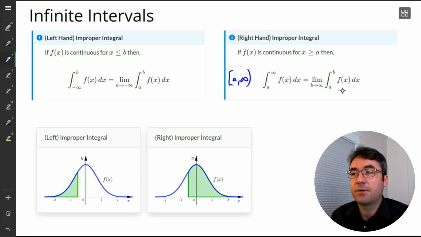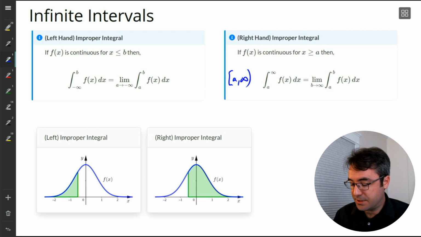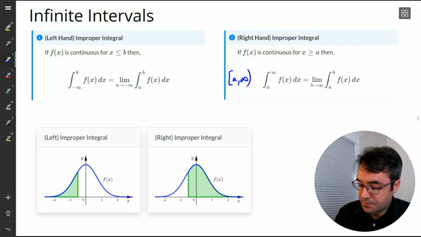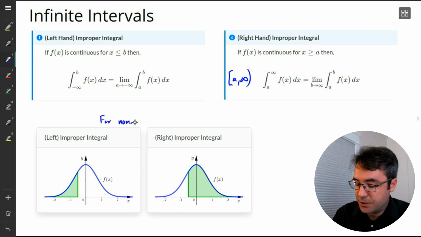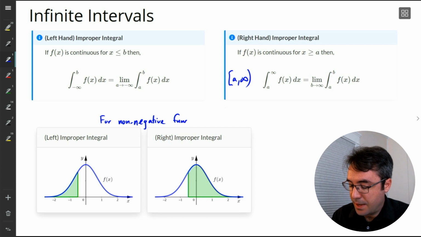It's a definite integral that we're going to do, but then also a limit as that b value gets larger and larger, as our upper limit gets larger and larger. And what we saw is that for a non-negative function, we can interpret these improper integrals as the area under the graph.